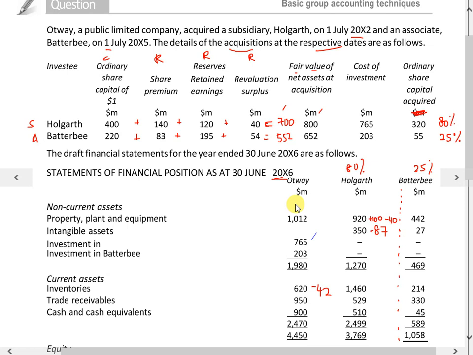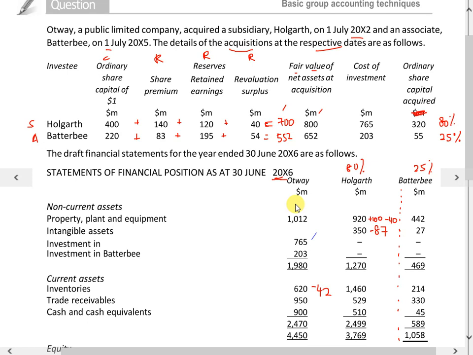What is after consideration? Consideration transferred 765 plus what? Add.